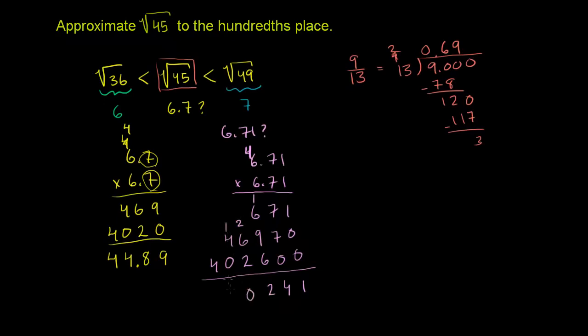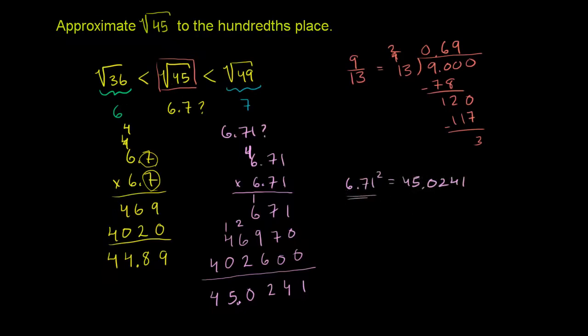And then 1 plus 4 is 5. And then we bring down the 4. And we have 1, 2, 3, 4 numbers behind the decimal point. So when we squared 6.71, 6.71 squared is equal to 45.0241. So 6.71 is a little bit greater.